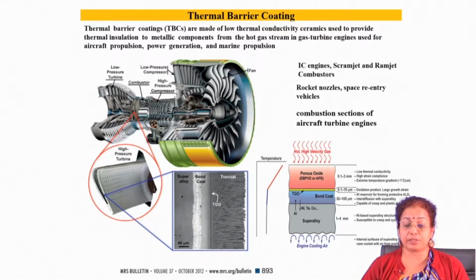You can also add different rare earth elements to a large extent in the bond coat, prepare a bond coat of completely different composition, and then develop it by the HVOF spraying technique. Those are the areas where a lot of researchers are working, and newer materials are being developed for this purpose. In this research study, I will briefly explain or share some of our research experience on the development of thermal barrier coating.